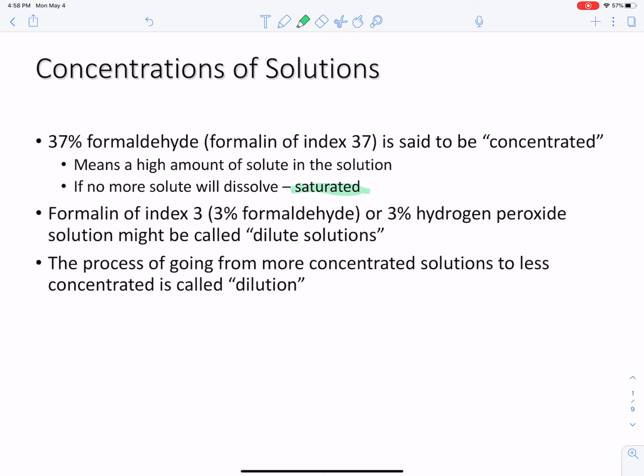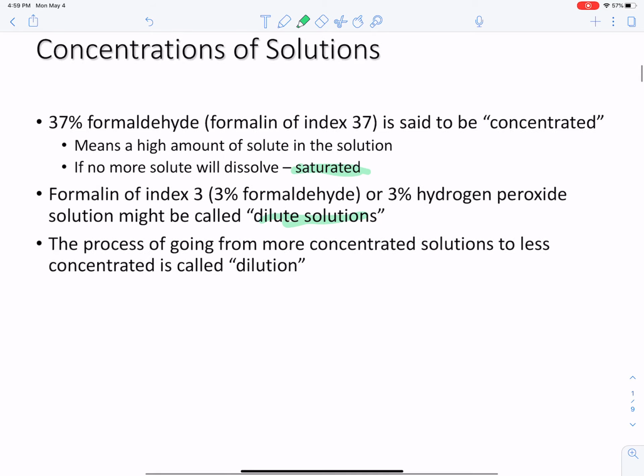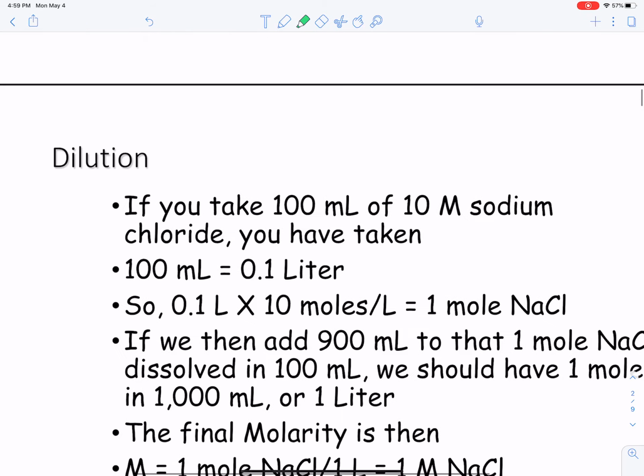So if we were to reduce it to 1/10 the concentration, say an index of 3, we would call that a dilute solution. So the process of dilution is the process of taking the concentration and making it lower, lowering the concentration of your solute.